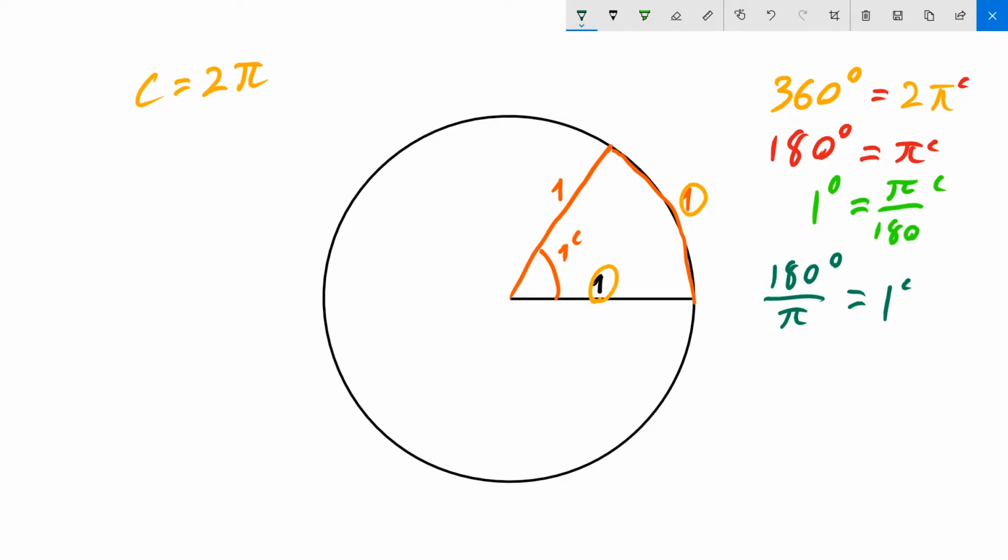So let's try and convert some angles. We have 120 degrees, and we want to convert that into radians. What is that in radians? Well, what's 1 degree in radians? 1 degree in radians is pi over 180.